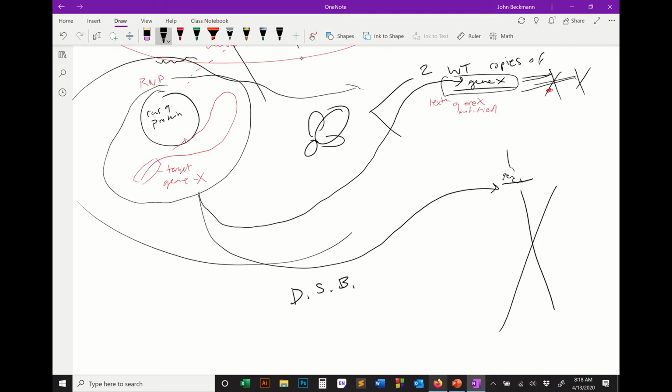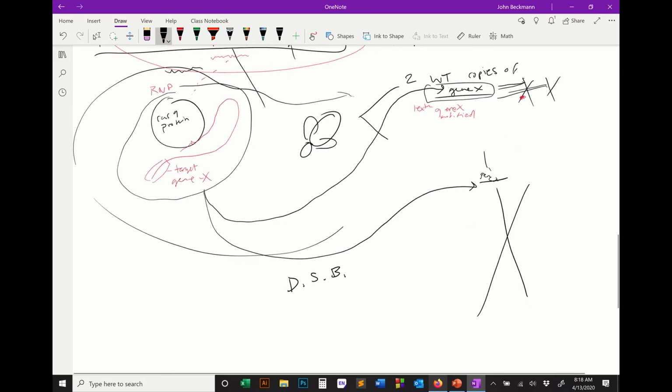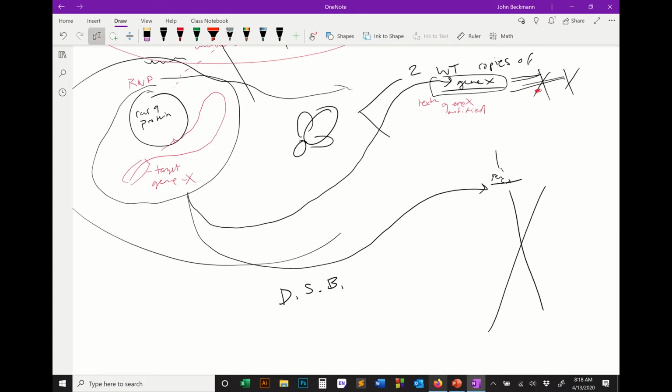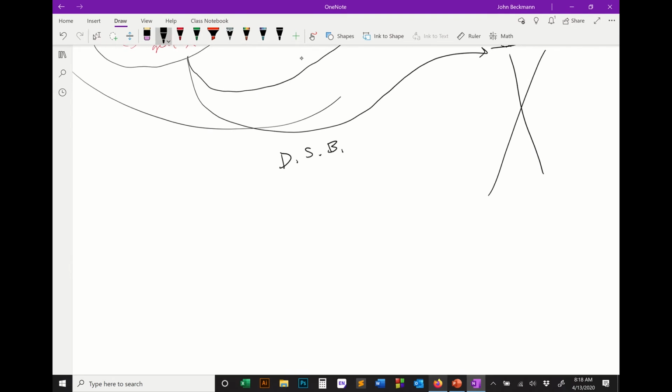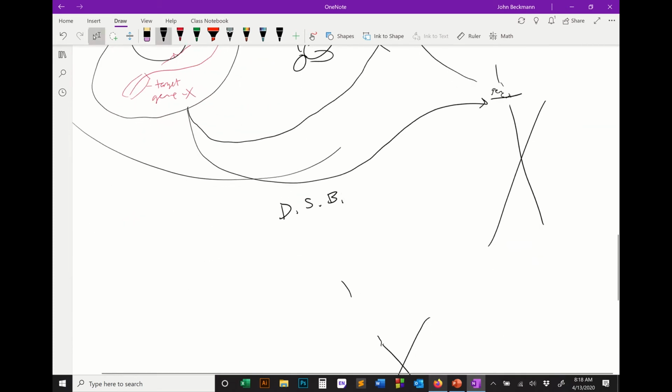And this chromosome is going to look for a template to repair itself with, right? And what is it going to find? It's going to find this construct, which we inserted as a template for homology. So this chromosome is going to recombine through homology-directed repair, and the resulting product is going to be a chromosome, and on that arm where gene X once stood is going to be our entire sequence.